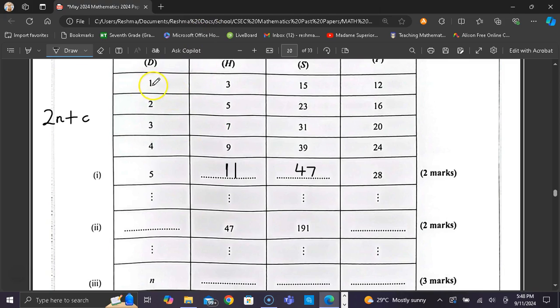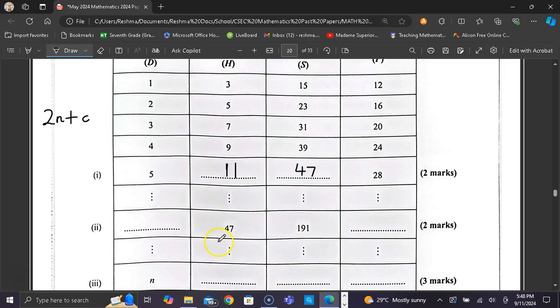If I take 2 and multiply it by n, the diagram number: 2 by 1 is 2, and I'll have to add 1 to get 3. 2 by 2 is 4, I'll have to add 1 to get 5. 2 times 3 is 6, I'll have to add 1 to get 7. 2 times 4 is 8, add 1 to get 9. And it also works for 2 by 5, 10 plus 1, 11.